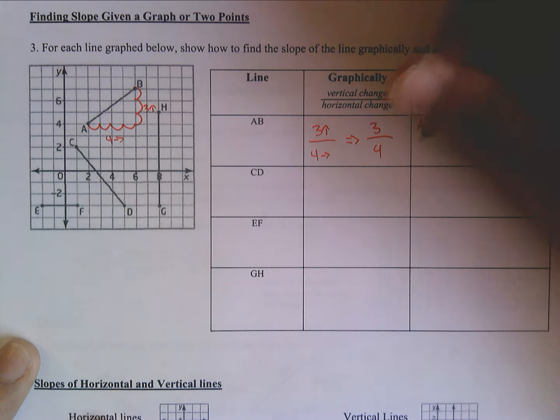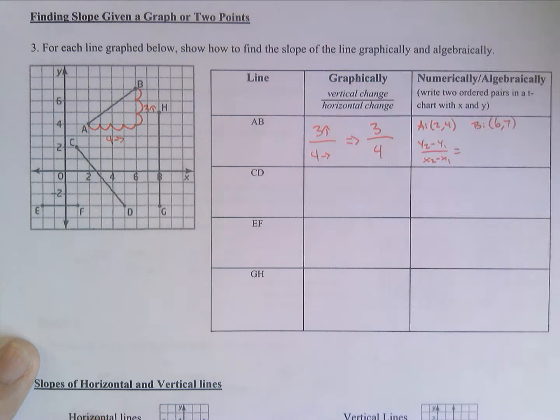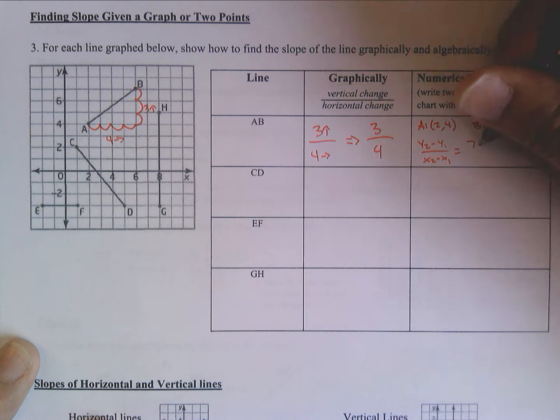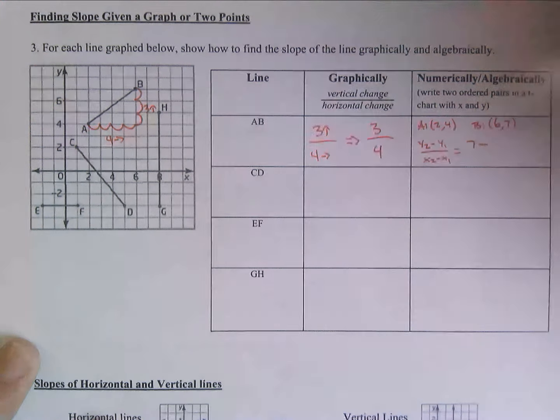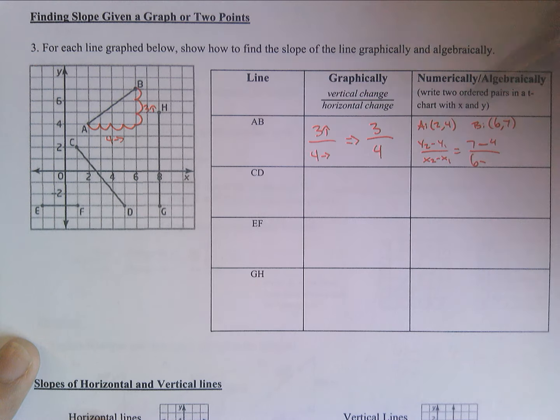So let's use our formula. M equals y2 minus y1 over x2 minus x1. Well, y2 is going to be our 7 minus y1 is our 4 over x2 is 6 minus x1 is 2.